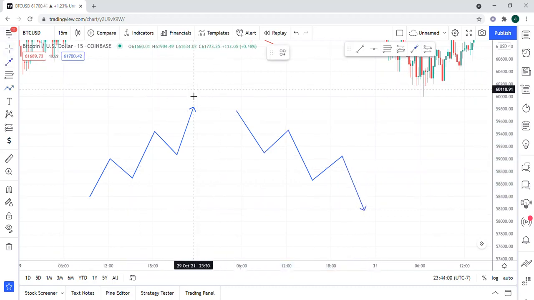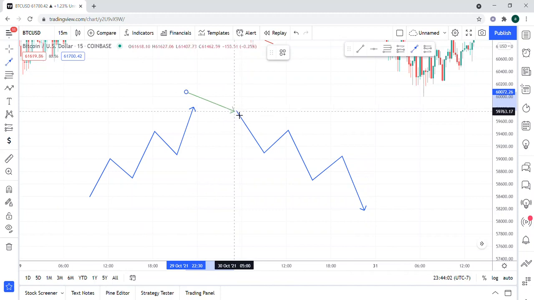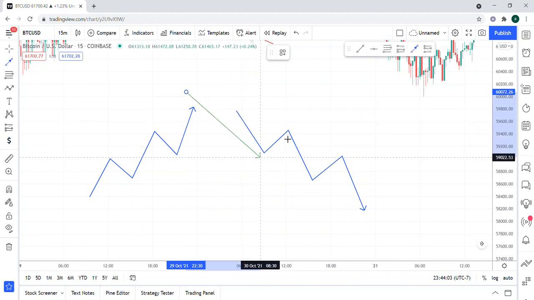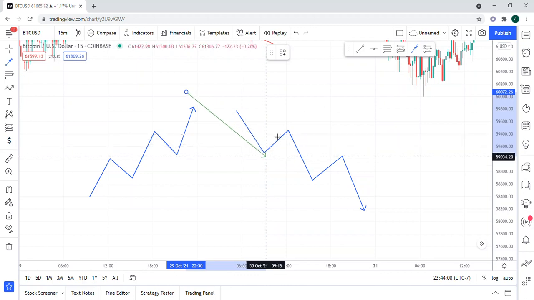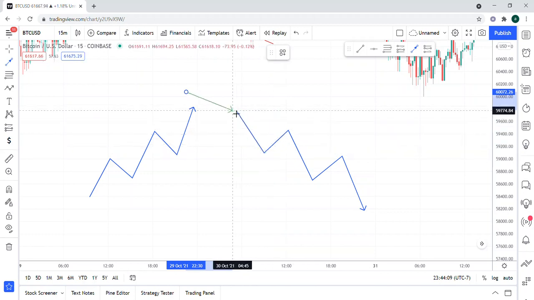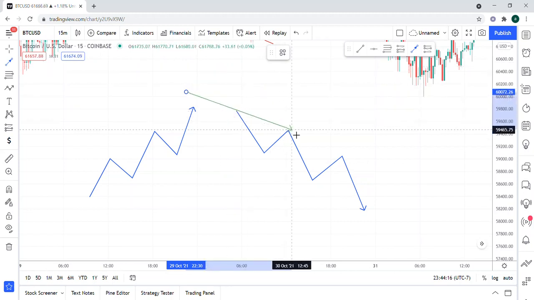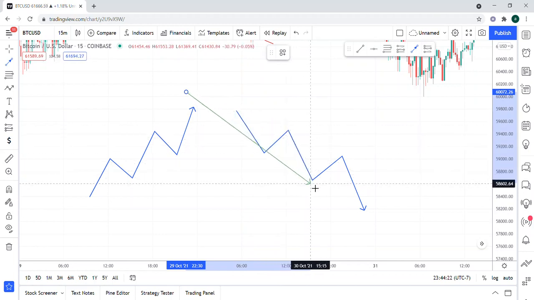Here, you can quite clearly see that this is a high. We have a low down here, and then we have another high point. Now we can see that this high is at a lower point than this high up here, right? Just like we saw on the chart above us, and I'll go back to that in a second. So what we have is a lower high. And then we can come down, we have a lower low.